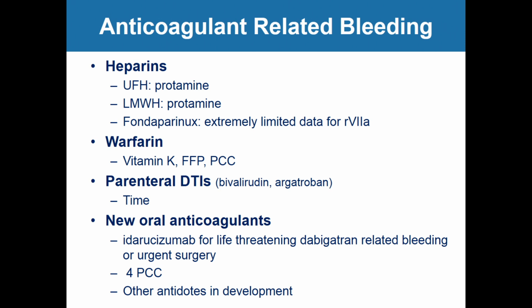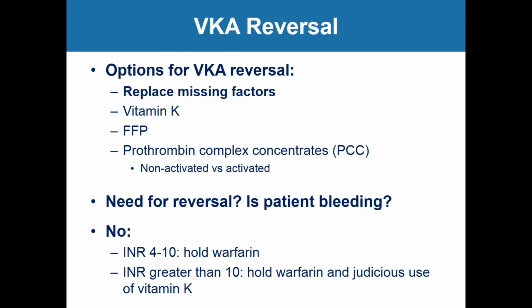For the new oral anticoagulants or direct oral anticoagulants, idarucizumab is available for life-threatening dabigatran-related bleeding or need for urgent surgery. 4-factor PCC has been tried, and we will discuss both of these further along in this presentation. Other antidotes for reversal of the new oral anticoagulants are in development.